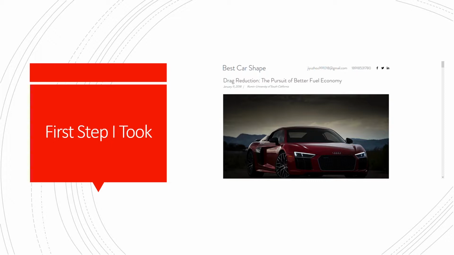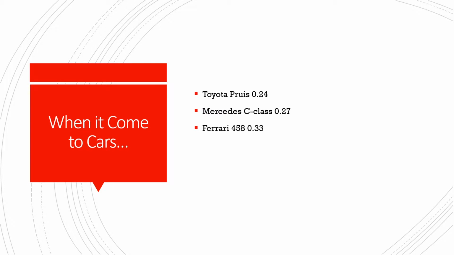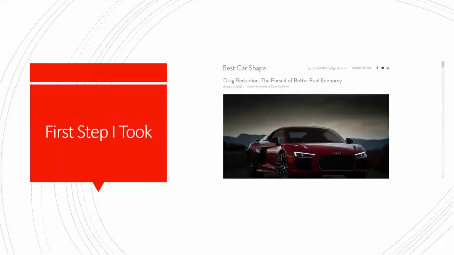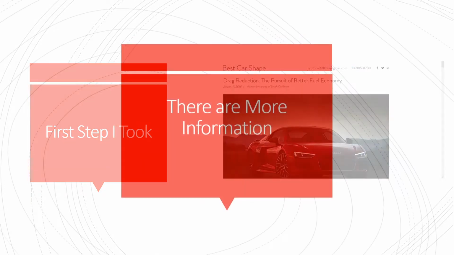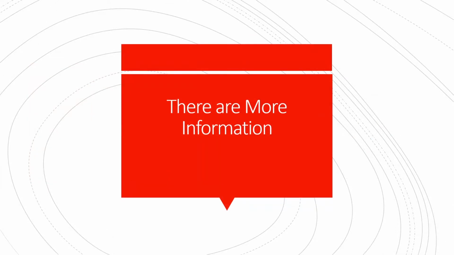In this essay, it briefly introduced how car shape evolved throughout history and the reason why the shape of cars cannot become super streamlined, so it will reach the limit of the drag coefficient at 0.09. And here is a small clip for more information about the drag coefficient on cars.